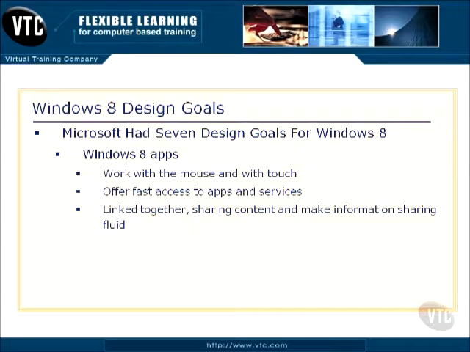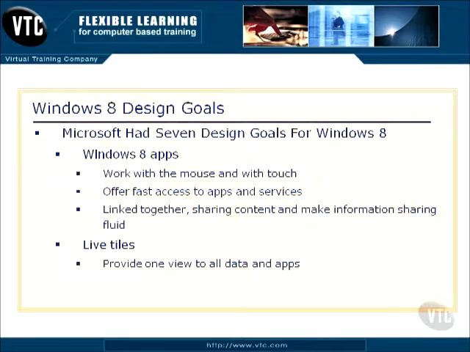We don't need to enter names, addresses, various data over and over and over. We need to make that information sharing fluid. It needs to be based on the app. And also the apps need to be full screen, because as we work with smaller and smaller screen sizes, for example on our smartphones and on other small reading devices, we need to get as much real estate as we can and be able to see and work.